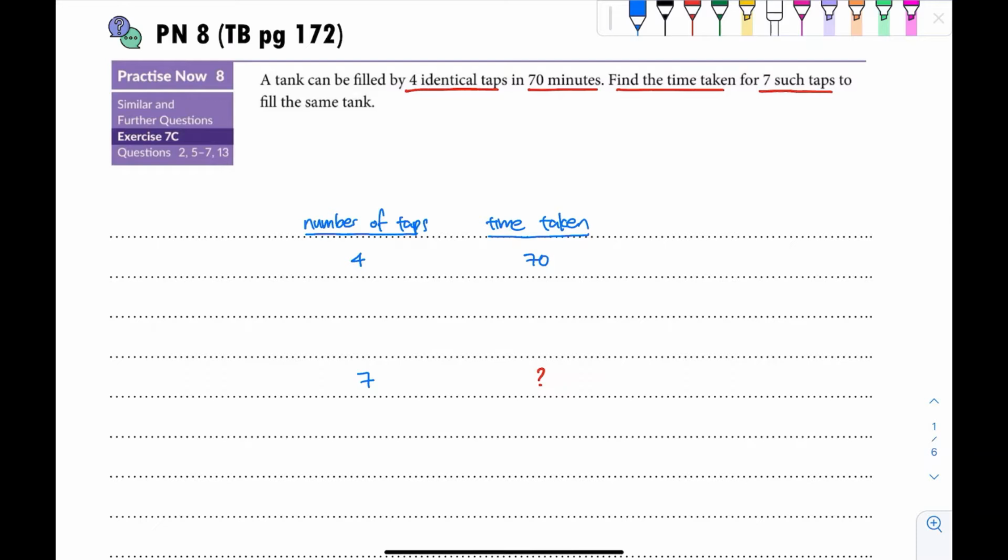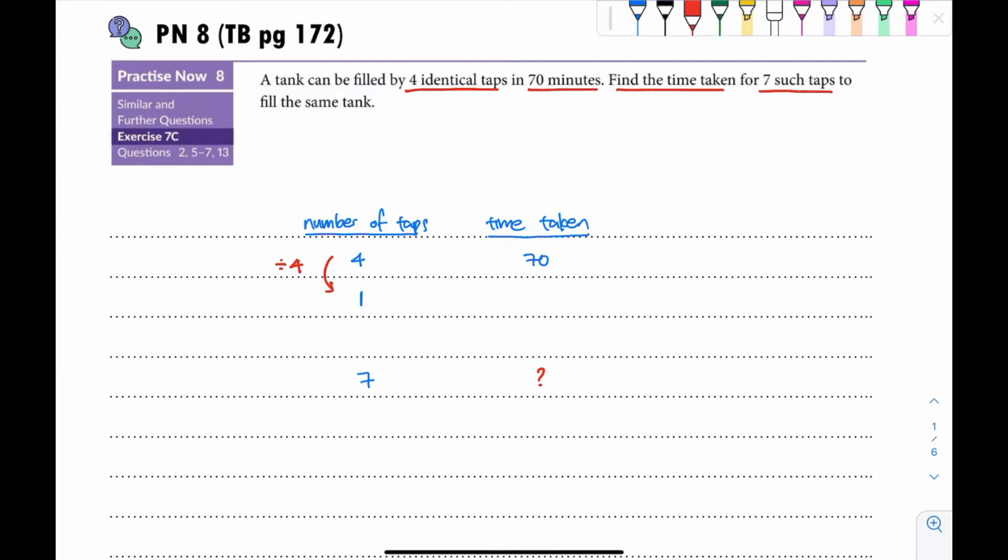It is easier if we can find out how much time is taken if there is 1 tap. Notice that there is a decrease in the number of taps, and it is actually a division by 4. So 4 divided by 4 gives us 1. When there is a decrease in number of taps, do you think that it will take more time to fill up the tank or lesser time?